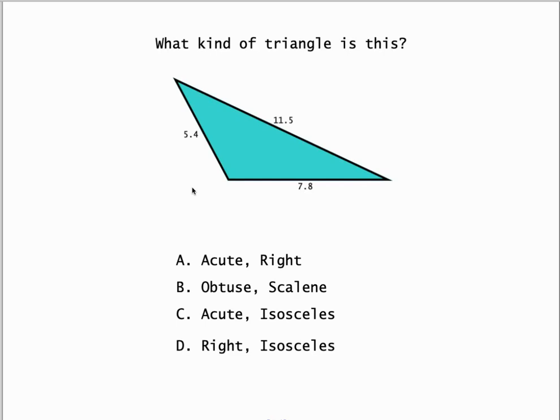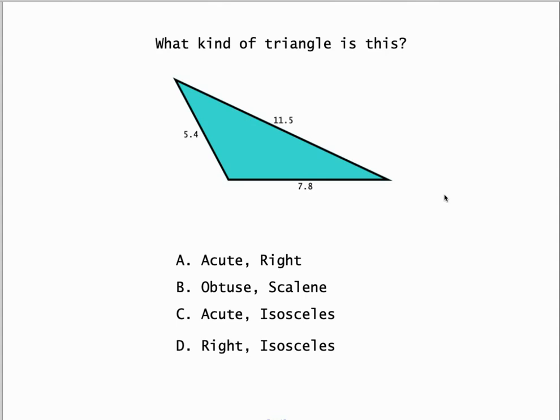What kind of triangle is this? So again, let's look at the sides and let's look at the angles. If I look at the angles first, I'm asking myself, do I have any right angles? If you see a right angle, then you're automatically done. If not, keep going and ask yourself, do I see an obtuse angle? If you see an obtuse angle, good.